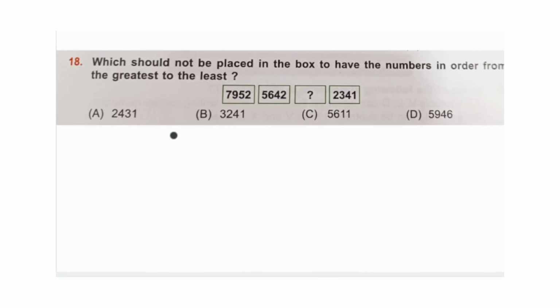So if we try to see the last number and try to fit the answer, all four of them fit properly, but we have to find a unique number. So let's choose a number that is smaller than 5642 and greater than 2341. So let's try to see our options and which one fits in perfectly.